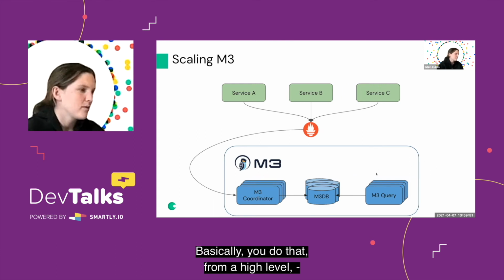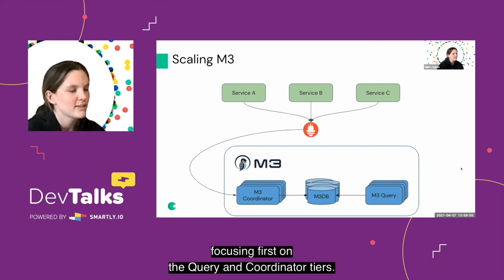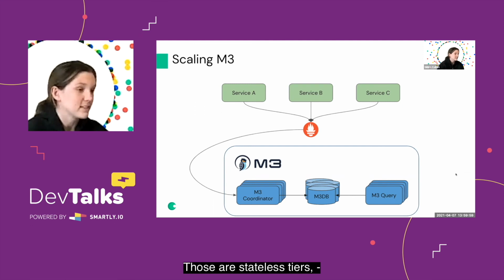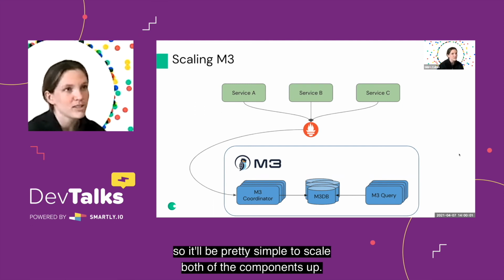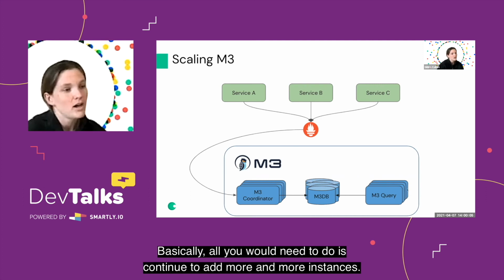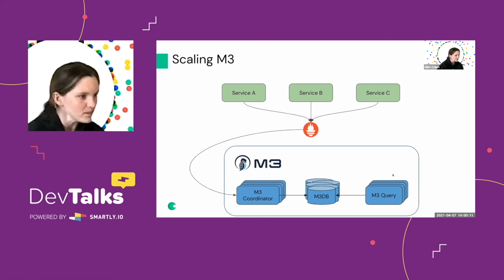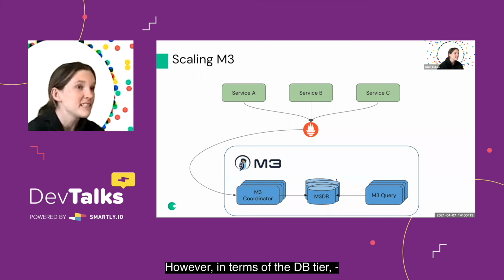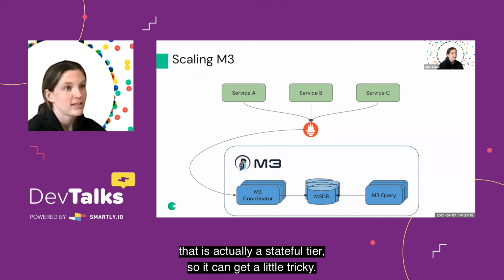How you do that, from a high level, is focusing first on the M3 query and coordinator tiers, because those are both stateless tiers. It's going to be pretty simple to scale both of these components up. All you would need to do is continue adding more and more instances. However, the DB tier is actually a stateful tier.